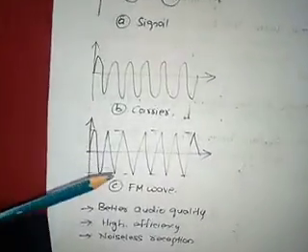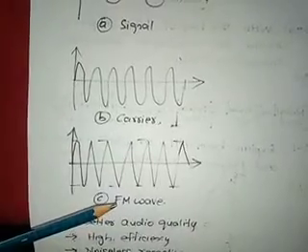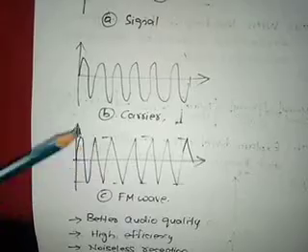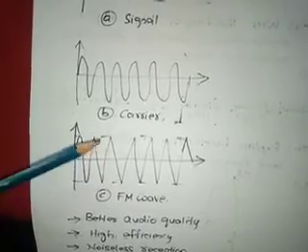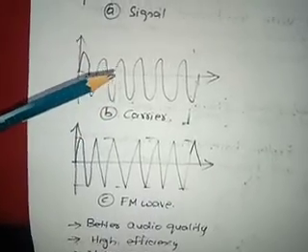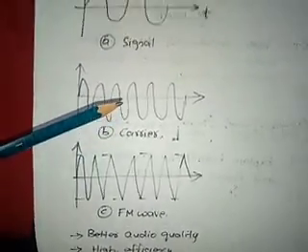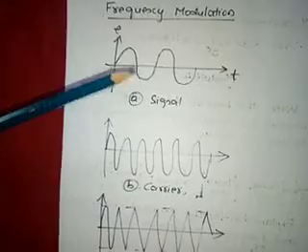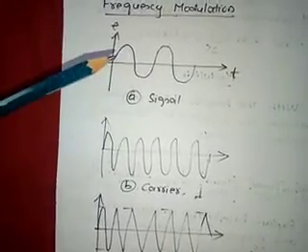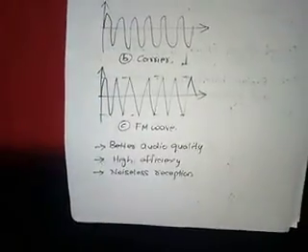In the frequency modulated wave, the amplitude is the same as the amplitude of the carrier wave. We are not changing the amplitude, only the frequency of the carrier wave is changed in accordance with the frequency of the audio signal, the modulating signal.